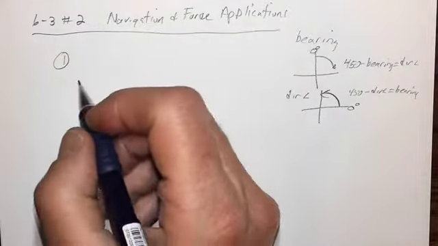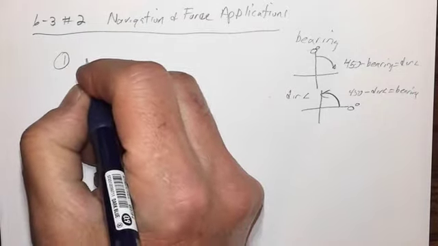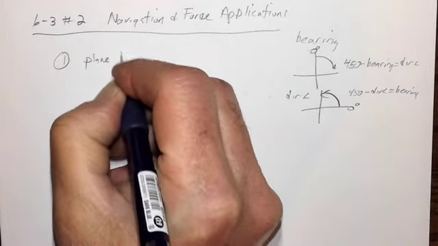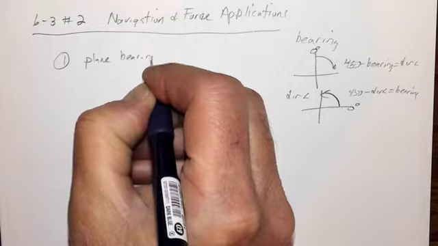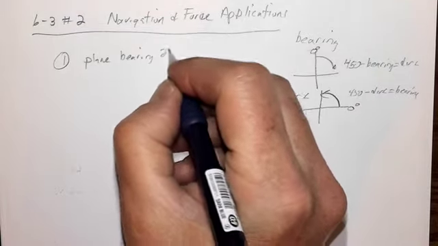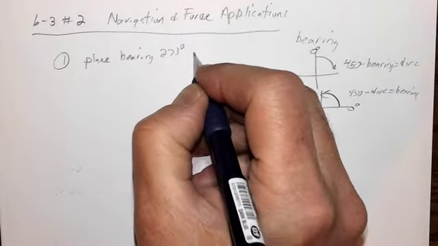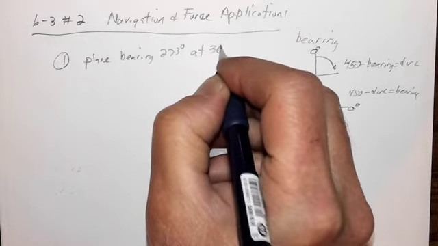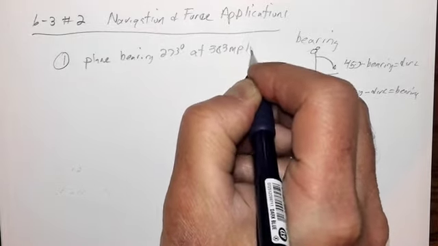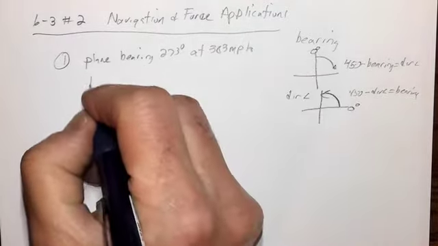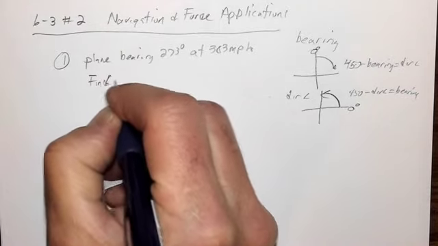So let's say we had an airplane on a bearing of 273 degrees, and he's flying at 383 miles per hour. We want to find his component form.